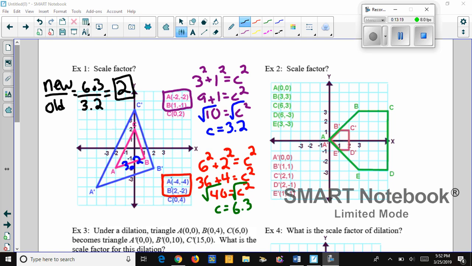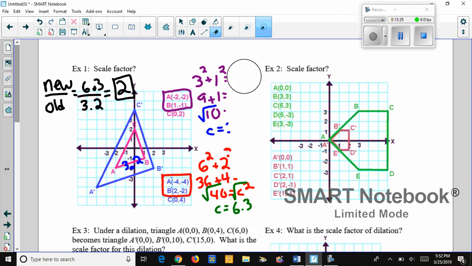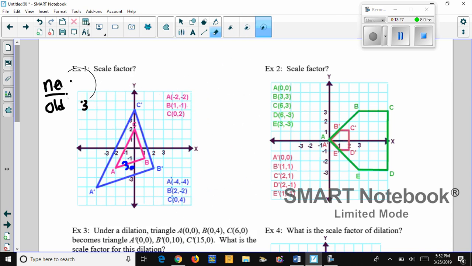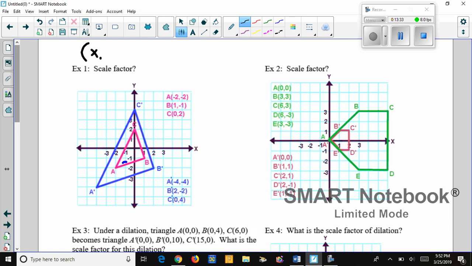As I look at this, this is one way, but I want to take a different approach. So I'm going to clear this, and I want to see if we can find it another way. Now, for dilation, we have a rule that we take the xy and we multiply it by that factor k.